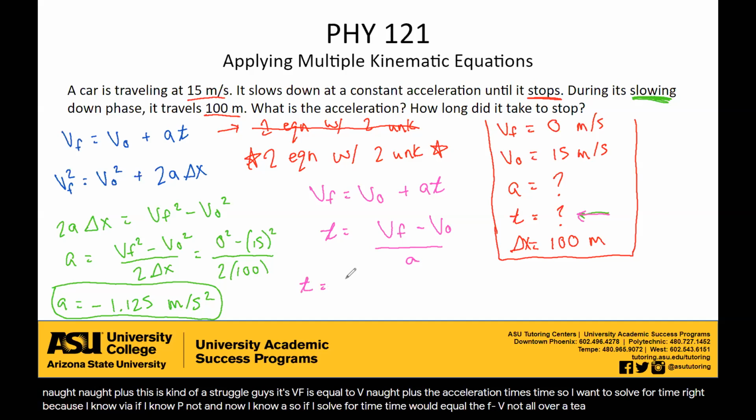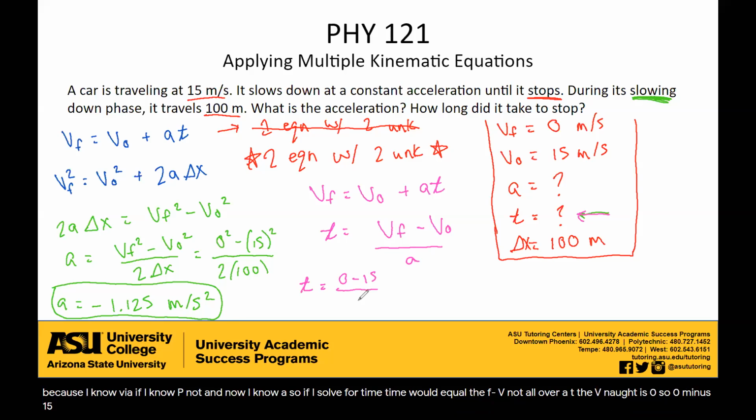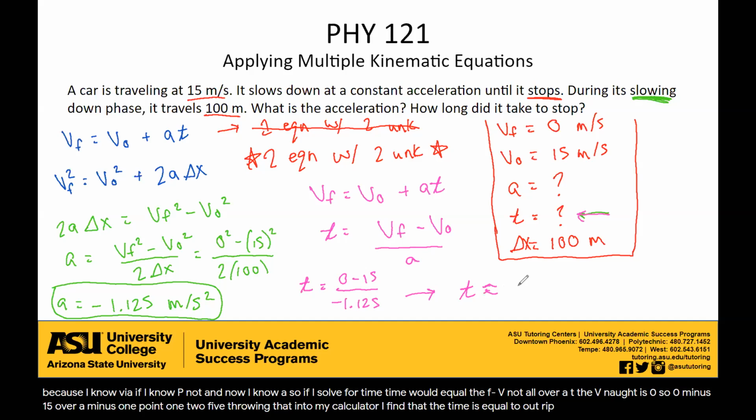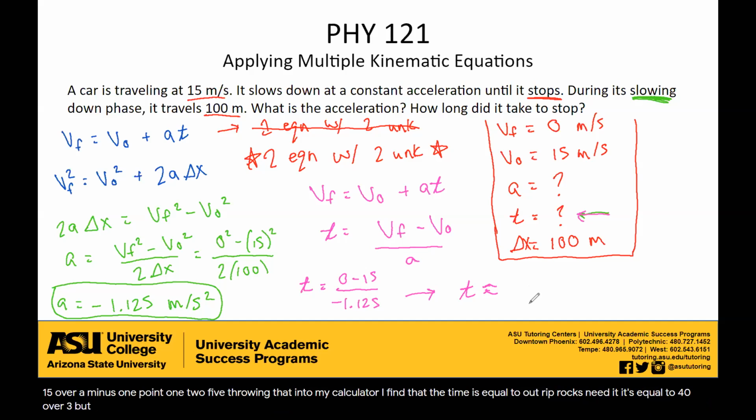The v naught is 0, so 0 minus 15 over a, which is -1.125. Throwing that into my calculator, the time is equal to 40/3, but I'm going to approximate it as a decimal. So that's about 13.3 seconds.